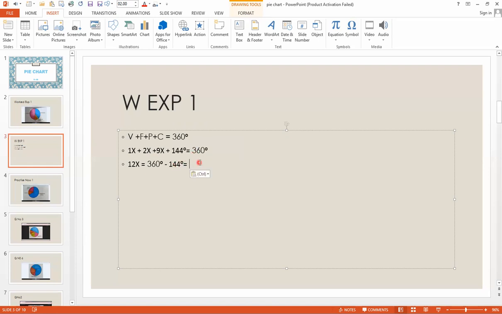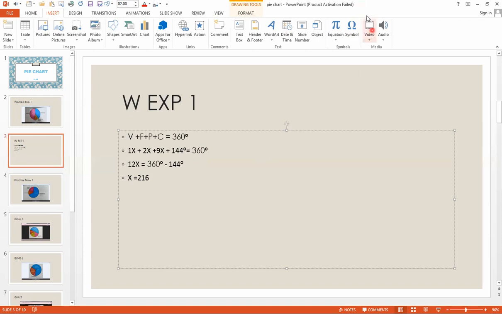And all this is equal to, in the next step, I write x. Firstly, I have to subtract 360 minus 144. It is equal to 216 degree.